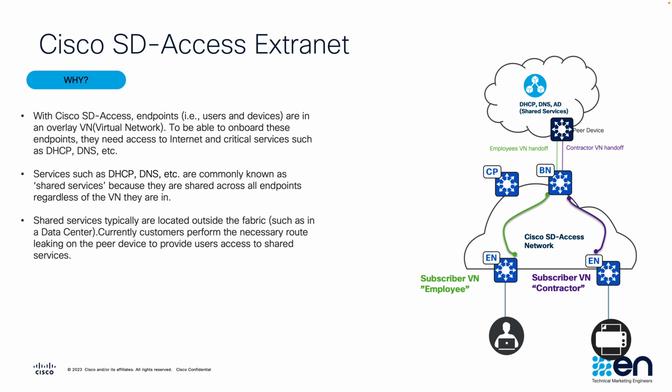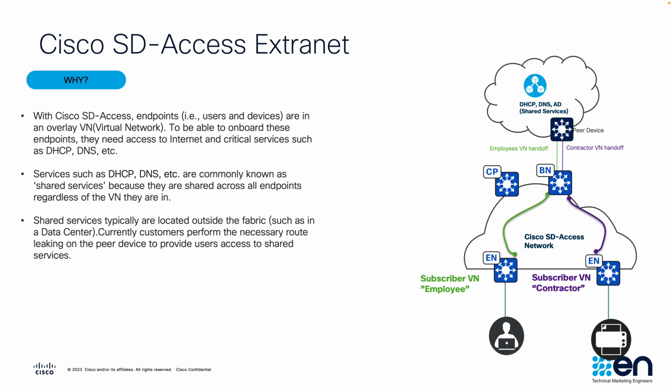In Cisco's SD-Access framework, endpoints consistently reside within an overlay virtual network. Nevertheless, specific critical services such as DHCP, DNS, and Internet access necessitate sharing across multiple SD-Access Layer 3 virtual networks.